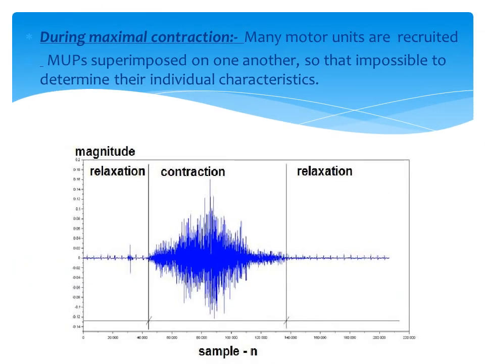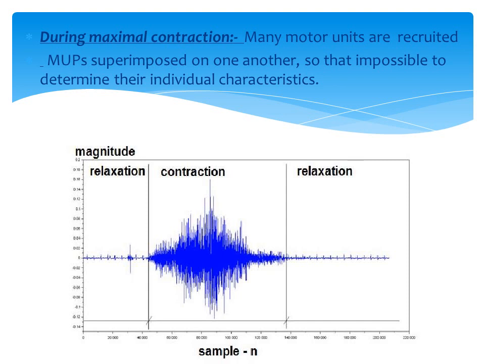In this graph, I have told you that in the first relaxed state, the graph is taken. Here only flickers are seen; the motor unit potentials are not seen. When the hand starts contracting voluntarily, the motor unit potentials will increase and the graph will show an increase in amplitude and frequency.